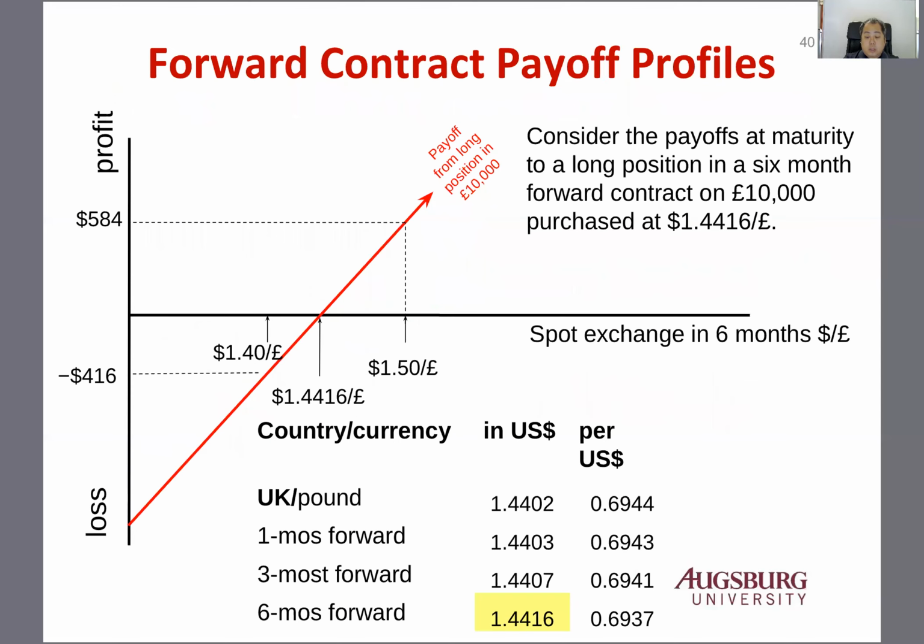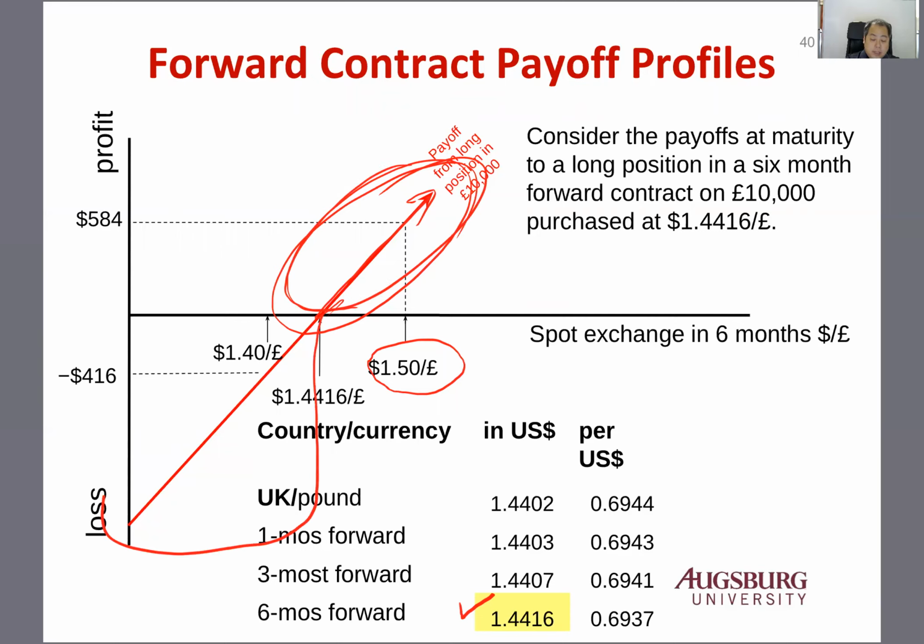So consider the payoff at maturity. The long position in the 6-month contract is at 1.4416. Your payoff keeps increasing if the pound appreciates. The long position is to buy pounds, which means that if the pound's price keeps increasing and is greater than this forward rate, then you are better off.